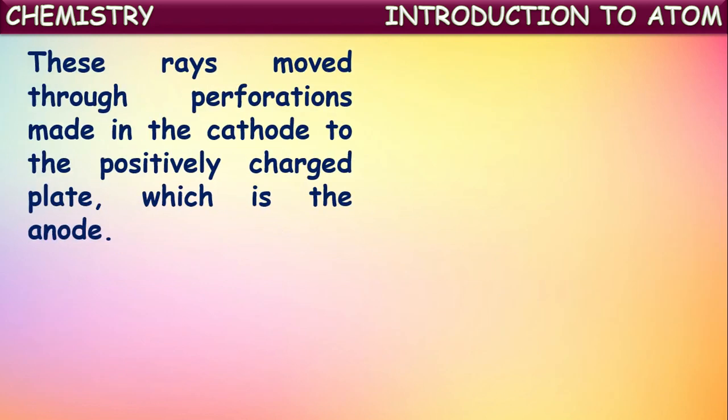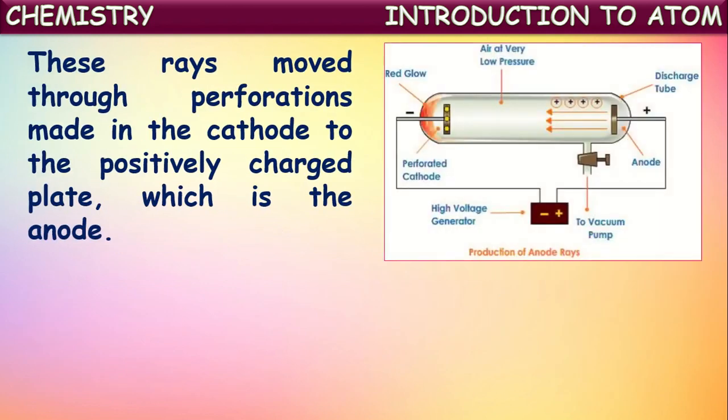These rays moved through perforations made in the cathode, from the positively charged plate, the anode. They made scintillations at the back side of the cathode, on the screen. Some red glow was observed.